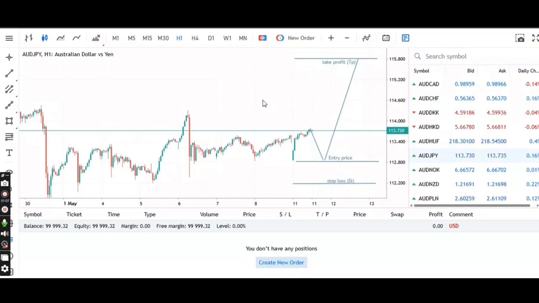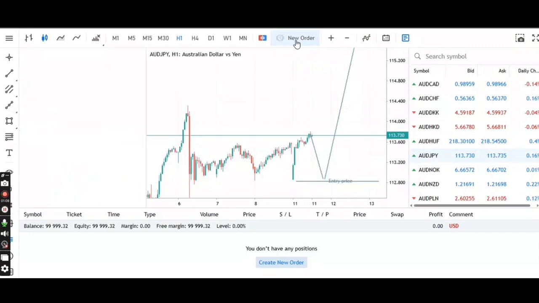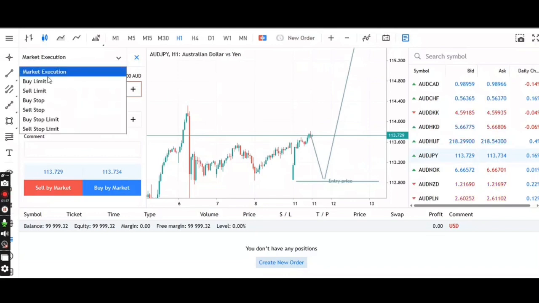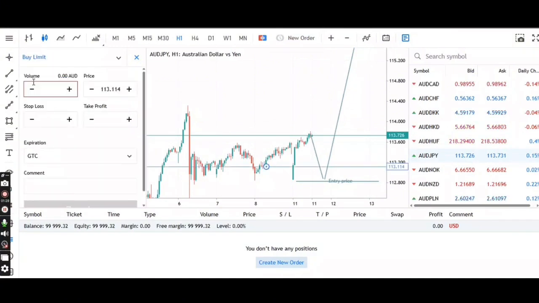This is how to enter the order. First, just click on new order. When you click on new order, click on the place where it says market execution. You will see different order types. Here you see buy limit, sell stop, and others. I want to set a buy limit order, so I click on buy limit.